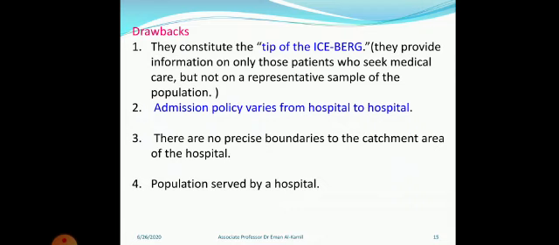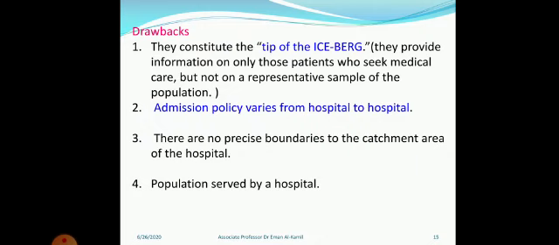Some people die before they are admitted to the hospital. So it does not represent the real number of diseases or morbidity, because it represents only the severe cases, only the tip of the iceberg. So it is not representative of the whole population.